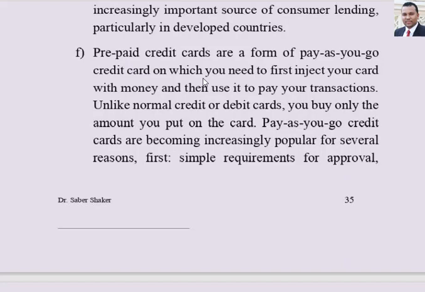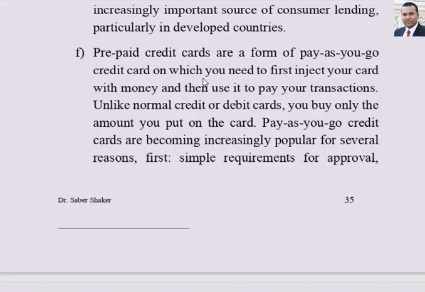Prepaid credit, which we can describe as pay as you go credit. Step number one, you need to inject or feed your card with money.